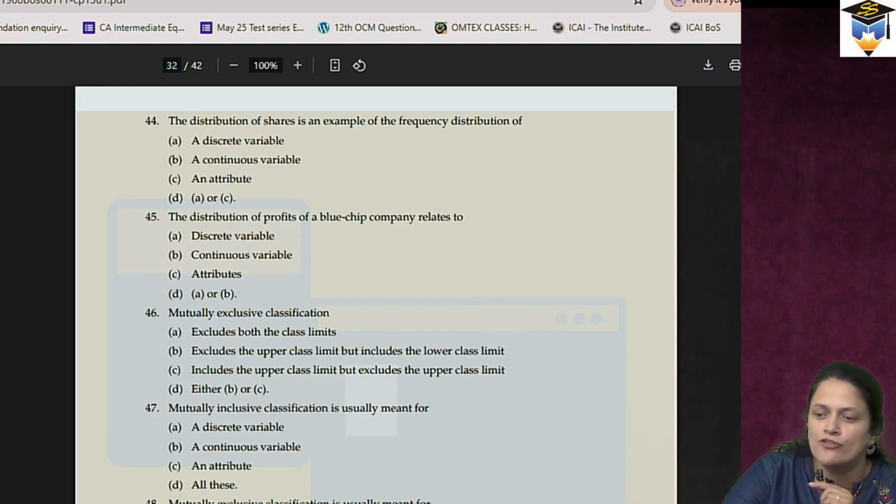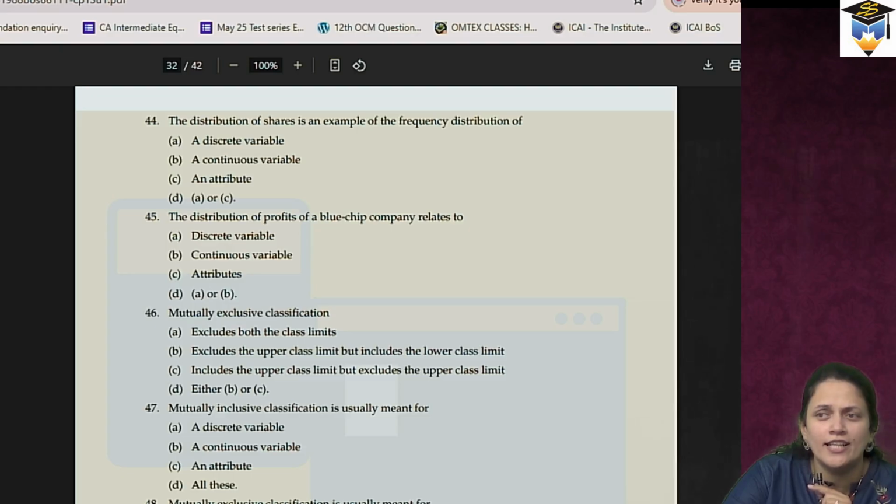The distribution of shares is an example of frequency distribution of a continuous variable. Is it right? Yes, it is not correct. What is the answer for 44? Is it a continuous variable or a discrete variable?